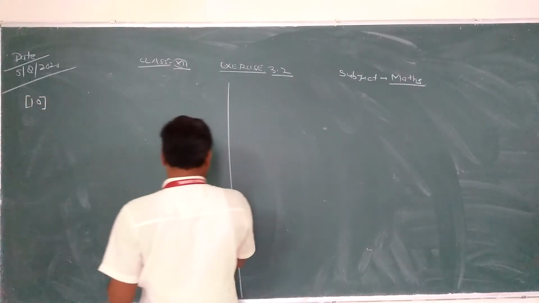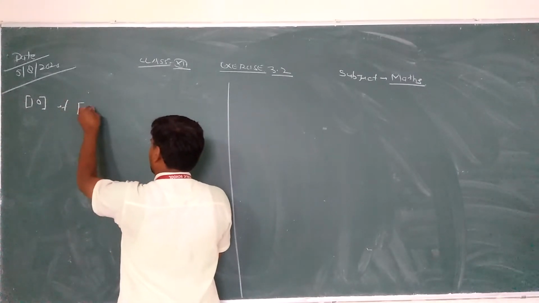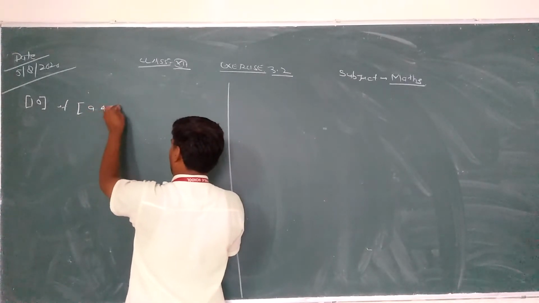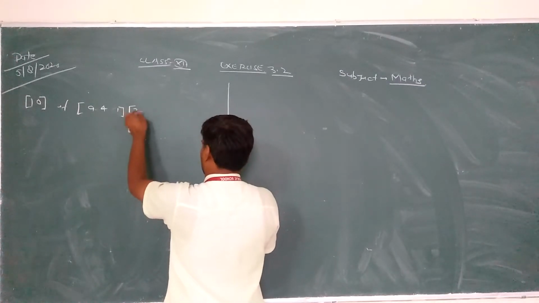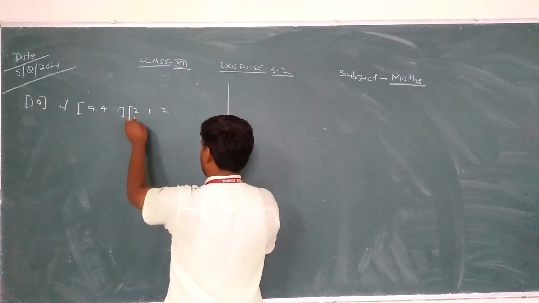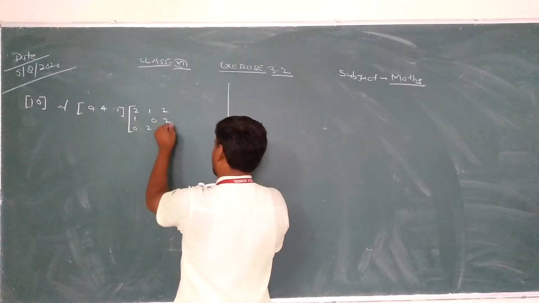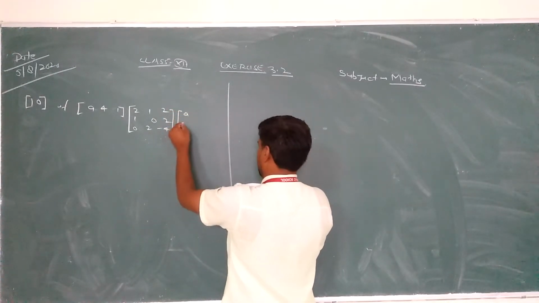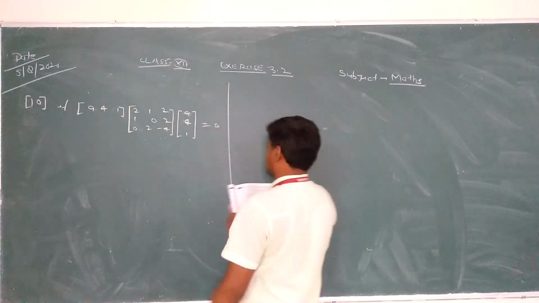Question 10 is given: if the row matrix [A 4 1], the matrix with rows [2 1 2], [1 0 2], [0 2 -4], and the column matrix [A 4 1] are multiplied, the product equals 0.